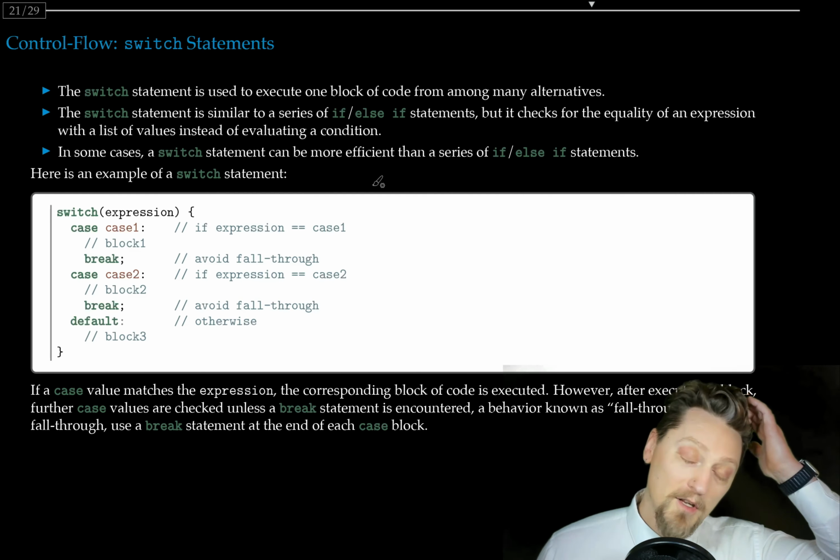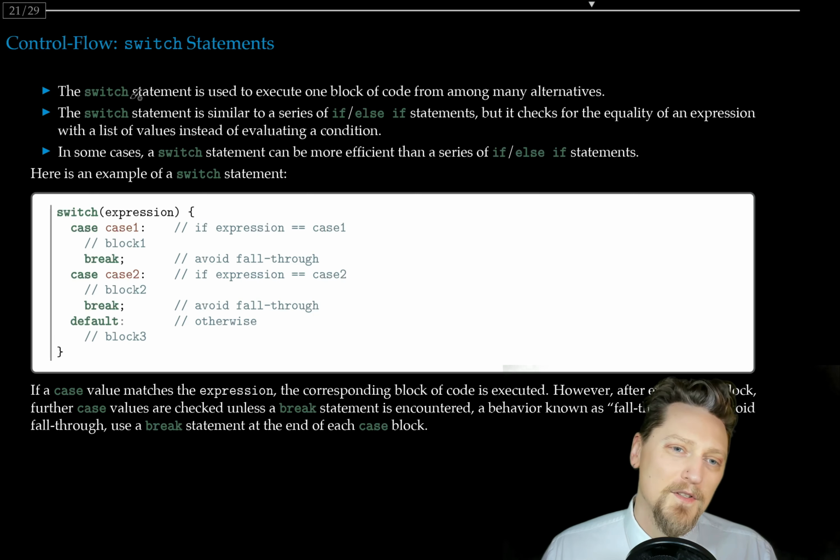And so it's difficult to make broad statements about efficiency. So we'll say things like in some cases. So using switch can occasionally make things faster, but sometimes the compiler will compile to the same exact machine code given source code that uses a switch statement or an if-else-if statement. So it's hard to predict.